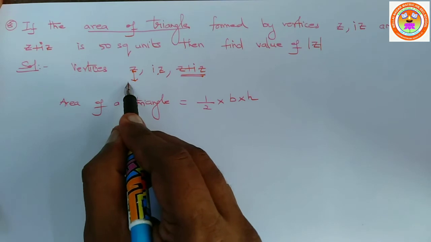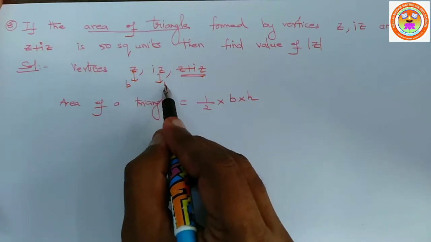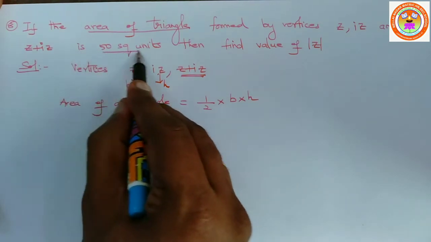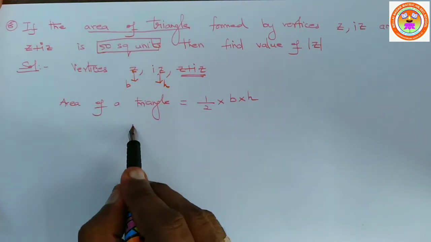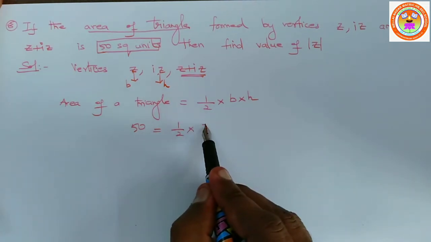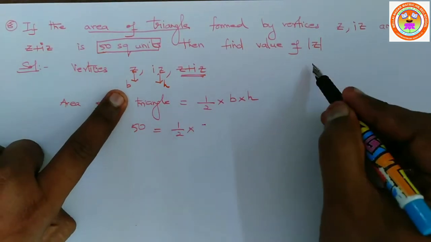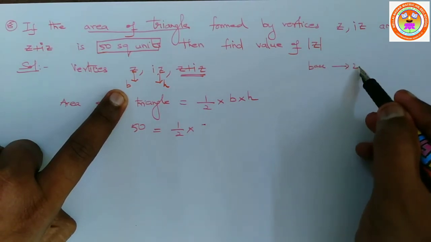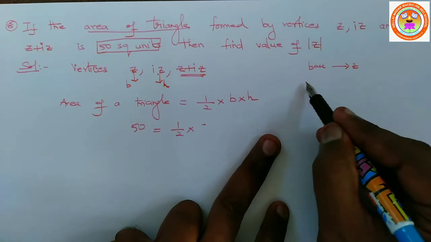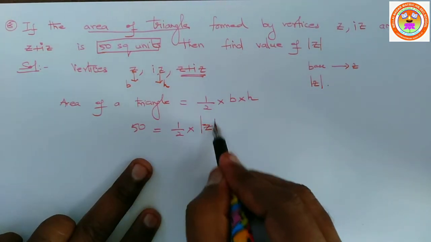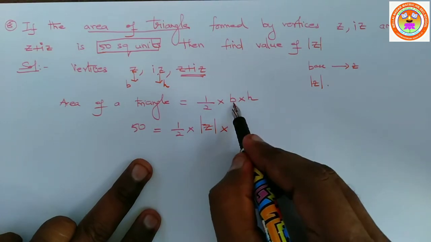So I am going to take this one as base, this one as height, no problem. They gave the area as 50. So area of a triangle, 50, is equal to 1 by 2 base. Base is nothing but Z, but I need the length. So length is nothing but modulus of Z, length or distance.